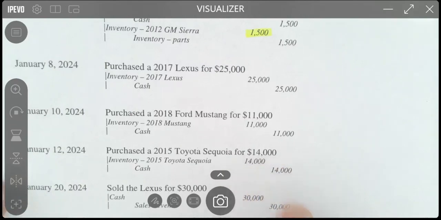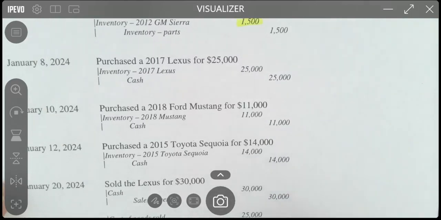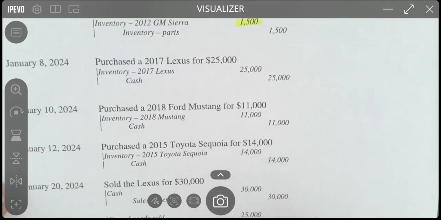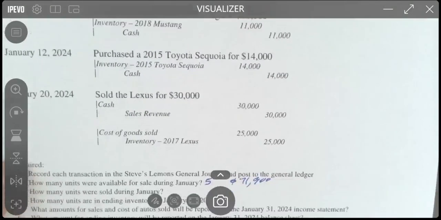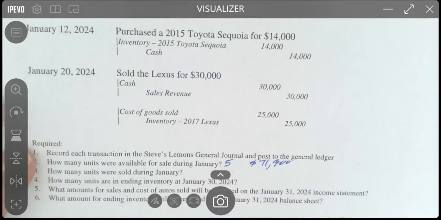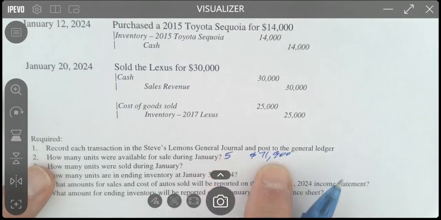Now, if you add that up, the cost of goods available for sale of those 5 units is $71,900. So there are 5 units available for sale during January, and those 5 units have a cost of $71,900.